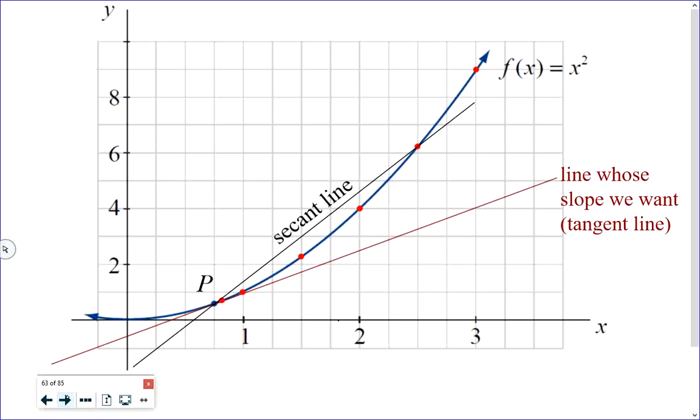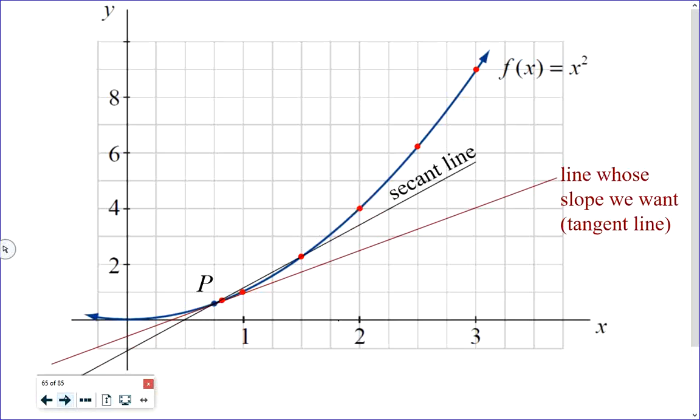You with me? This is a secant line connecting P to Q3, P to Q4, P to Q5, P to Q6. So I've drawn in a line here very delicately that goes through the blue point, which is point P, and the red point right next to it, which is Q6.